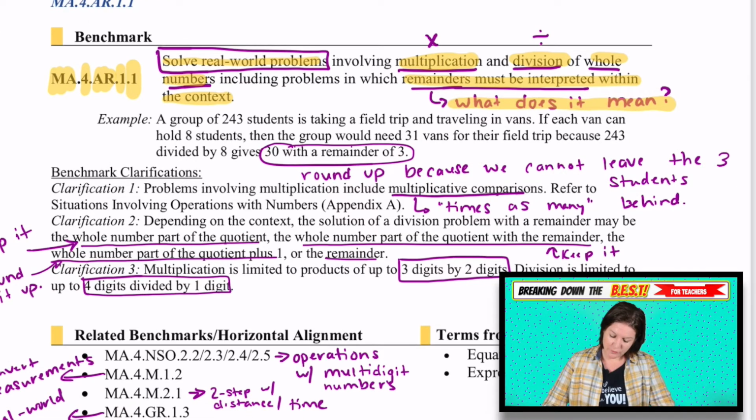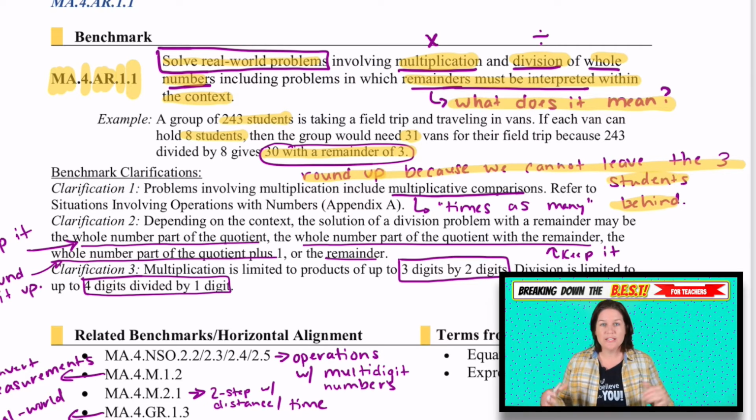For instance, if we have a group of 243 students taking a field trip and they are traveling in vans, and each van can hold 8 students, then the group would need 31 vans. Even though the quotient is 30 remainder 3, we cannot leave those 3 students behind, so we need to round our quotient up. So it's really understanding the context of the situation and deciding what we do with that remainder.